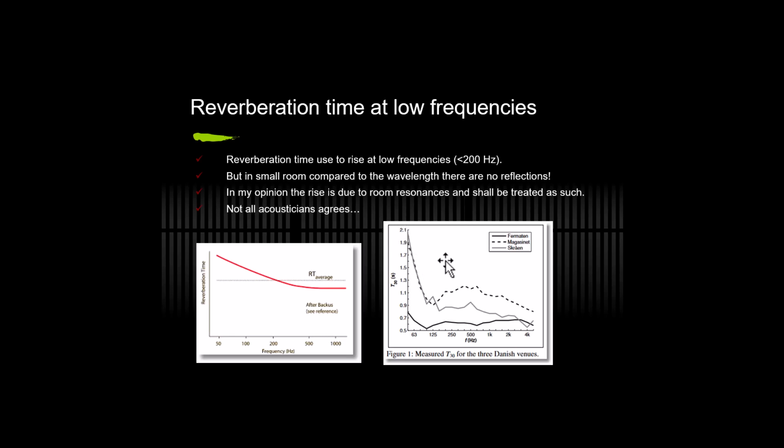So in my opinion, there is no reverberation below this frequency. The only thing you see is the resonance from the room. There are no reflections because the room is too small for reflections, and these resonances should be treated like resonances.